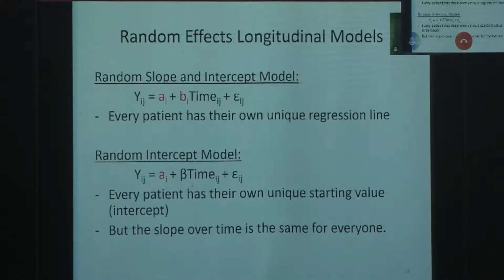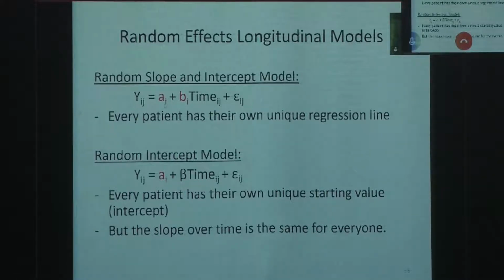So this is still a mixed model, but instead of random slope and intercept, we have a random intercept, but everyone has the same slope. This is not an unusual assumption or an unusual model to run. It'll give you different answers than the one above it. But again, it's a choice that you make.